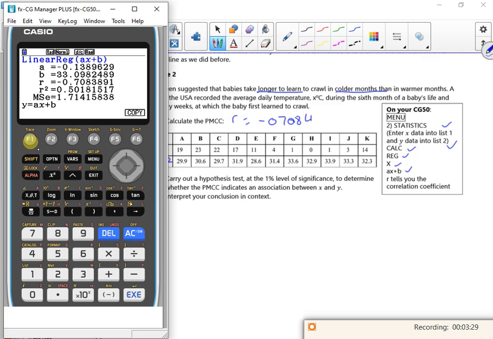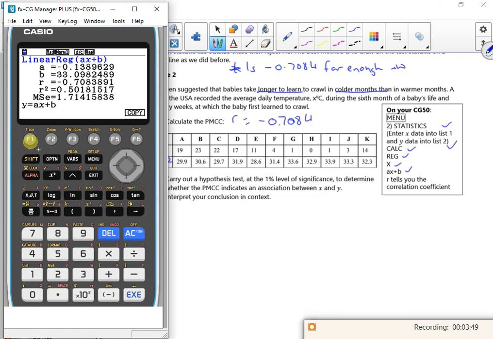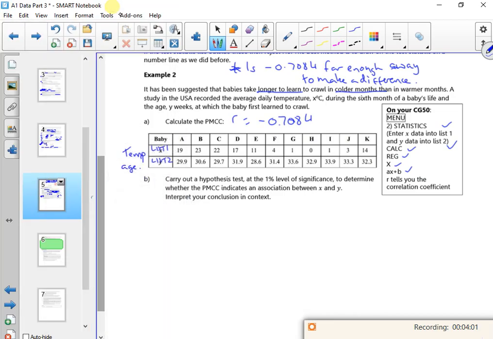And I want to see if that minus 0.7084 is far enough from the critical values in the table for it to make a difference. That's what I'm trying to say.